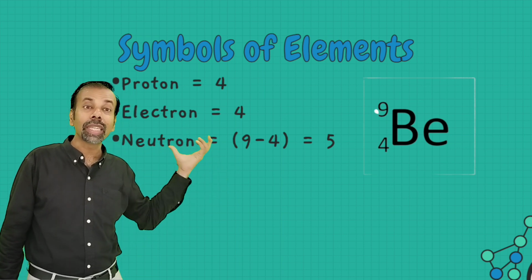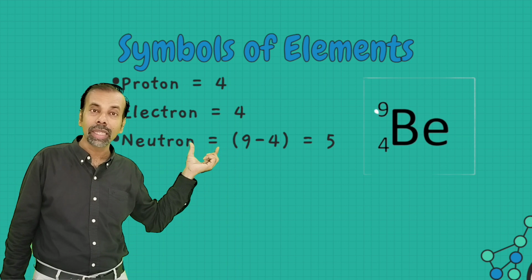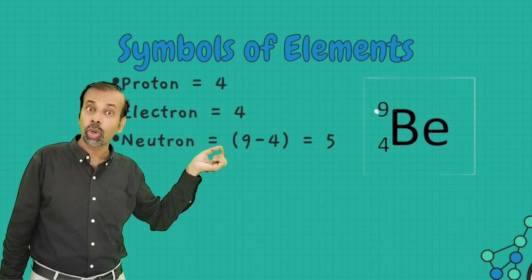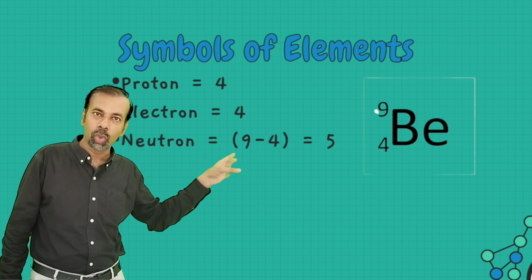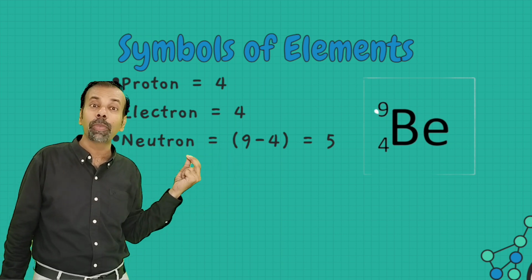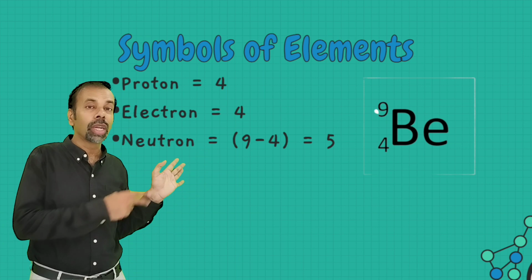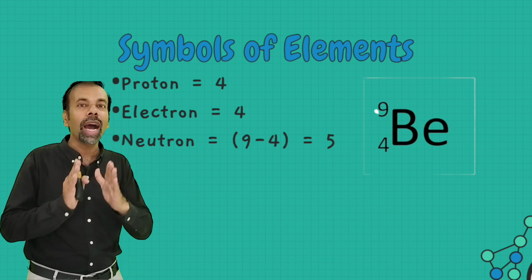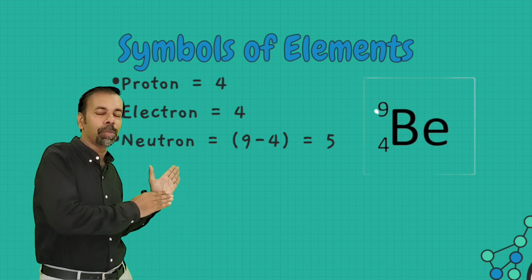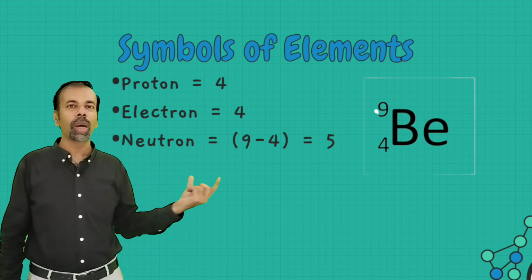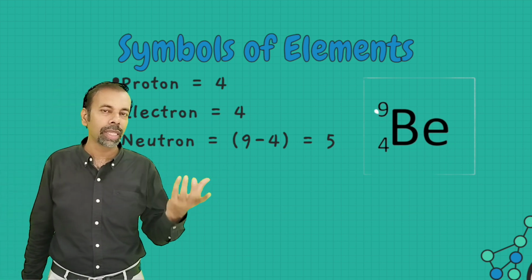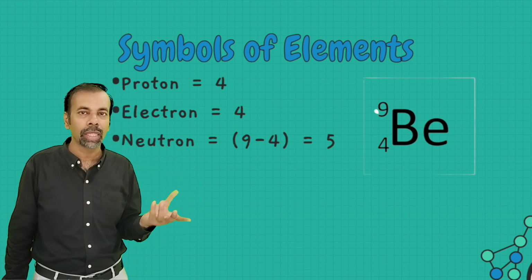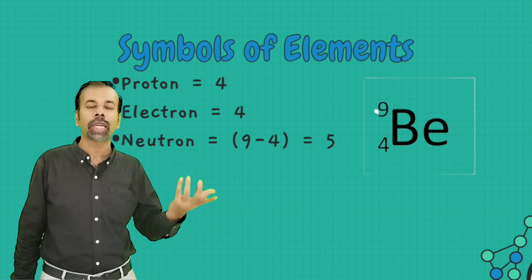And what is 9? 9 is both proton plus neutron. So proton plus neutron is equal to 9. But we already know that protons are 4 in beryllium. So 9 minus 4, 5 are neutrons in the beryllium. So if you are given these 2 numbers about any element, you can find anything about this atom, like how many electrons it contains, how many protons it contains, how many neutrons it contains.